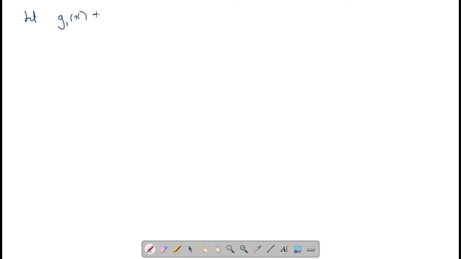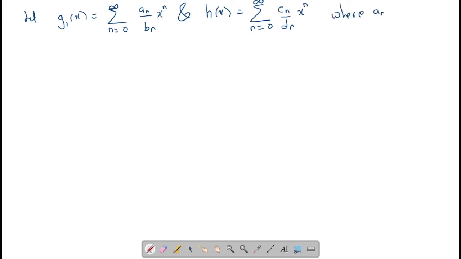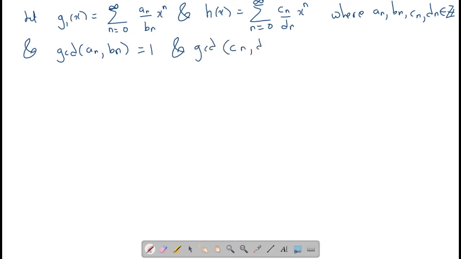g1 of x be equal to summation n going from 0 to infinity an upon bn x raised to n, and we will take h of x to be, because this is a polynomial over Q, so we can write it this way, n going from 0 to infinity, where our an's, bn's, cn's and dn's are all in Z, and the GCD of an and bn is 1 and the GCD of cn and dn is 1.